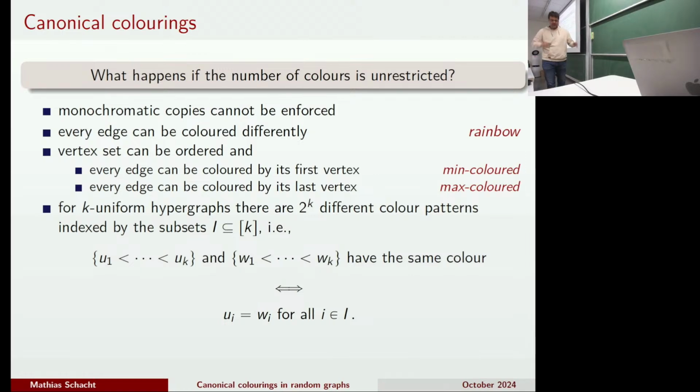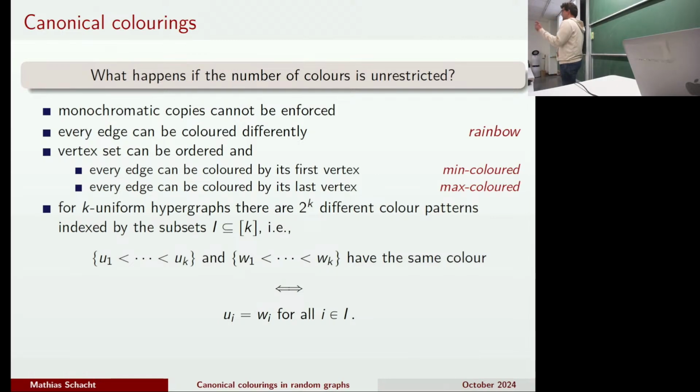Just so that we are on the same page, the min-colored pattern corresponds to taking from the set {1,2} just the element 1. Then they have the same color if they agree in the first vertex. Max colored is also easy, then it must be the set which only contains 2. Now one has to think a little bit about the others. The empty set would mean it's always true, so this would be void, so this must be the monochromatic copies.